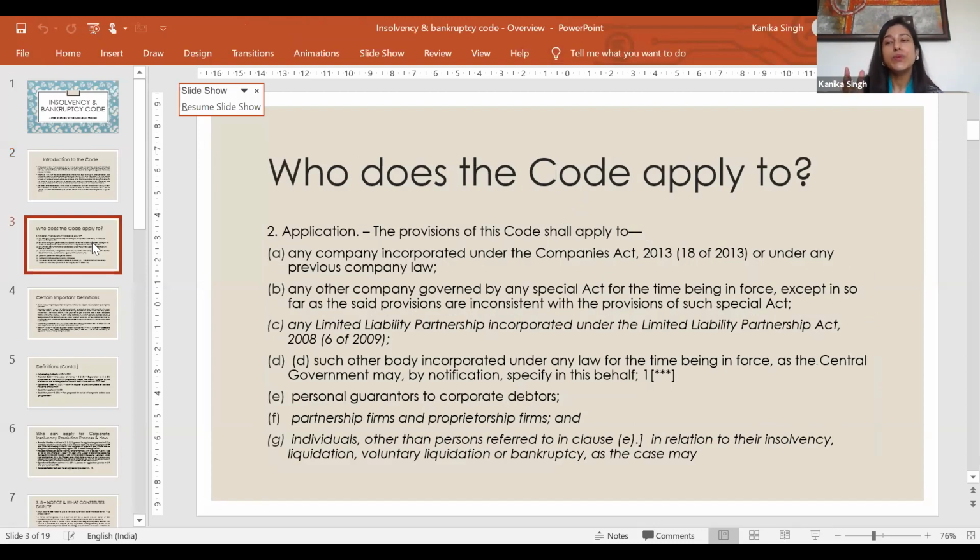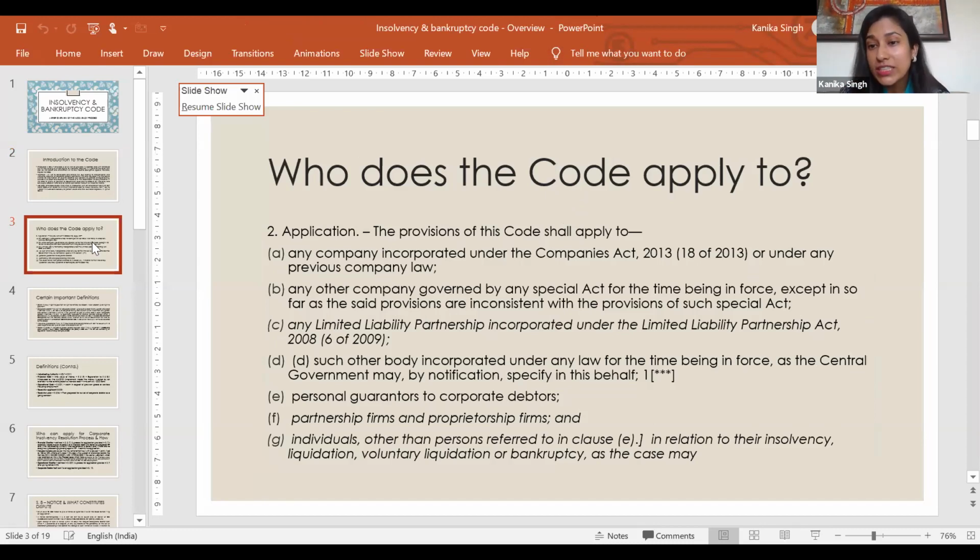Okay, the next slide that we do is who does the code apply to? Section 2 of the code gives an outline of who all it applies to. Firstly, obviously companies, then also limited liability partnerships, personal guarantors, individuals, partnerships and proprietorship firms.